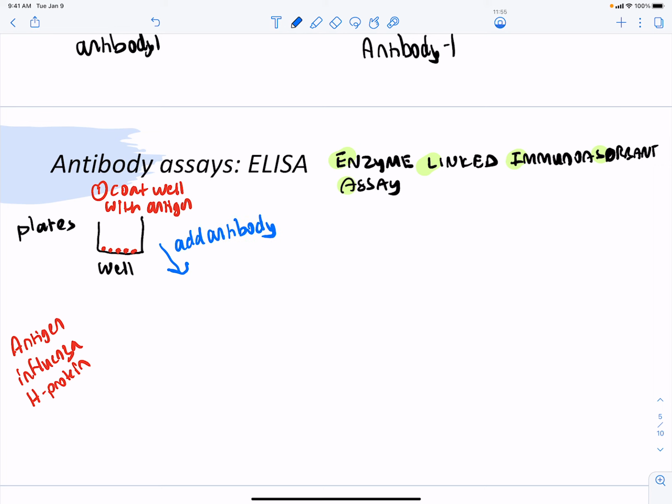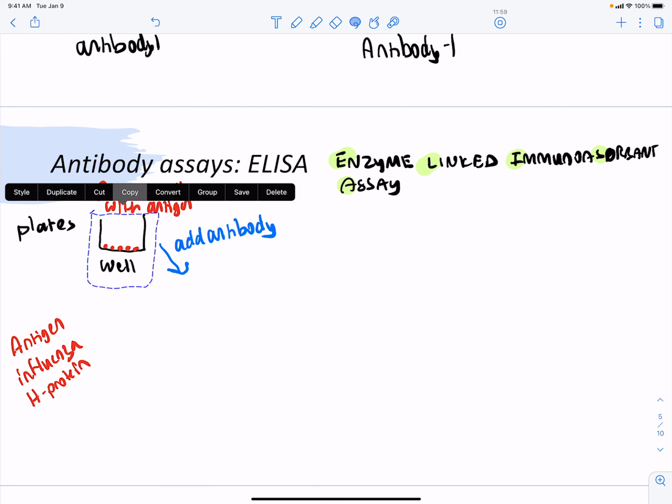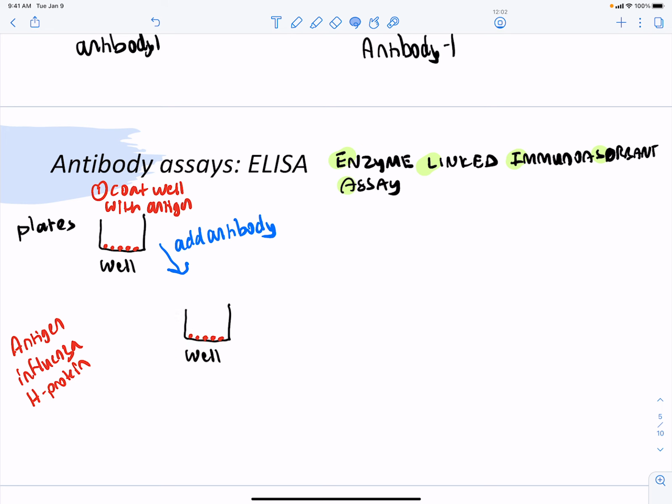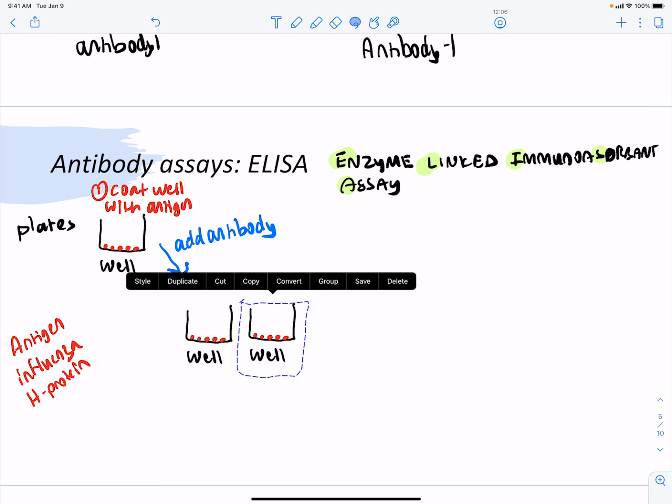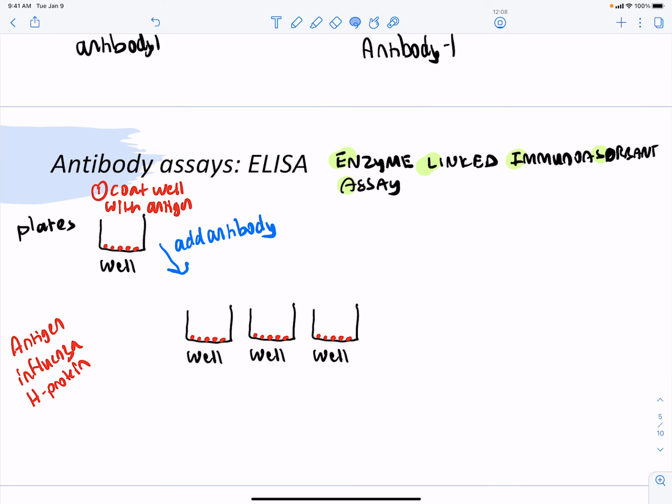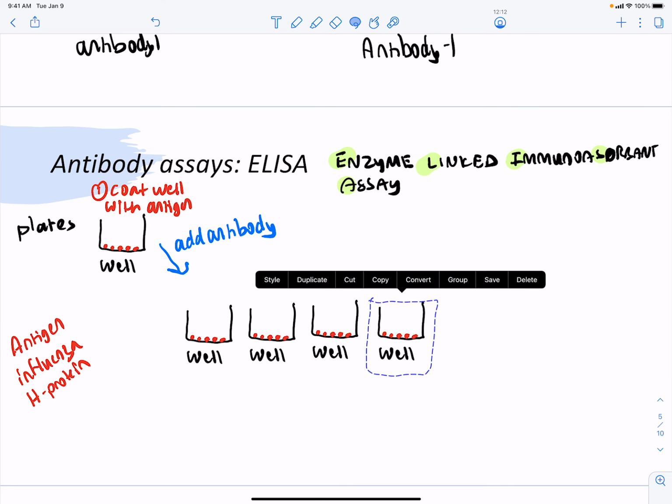So, for example, you can have several wells. Typically, these are done in very large plates. You can get 96-well plates, 384-well plates, so you can do a lot of different replicates. But in essence, you have your antibodies.